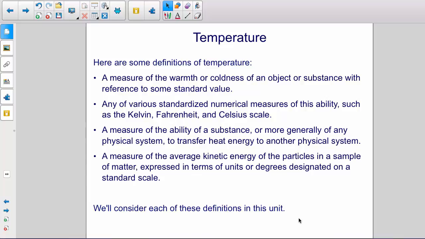A measure of the ability of a substance, or more generally of any physical system, to transfer heat energy to another physical system. And finally, a measure of the average kinetic energy of the particles in a sample of matter, expressed in terms of units or degrees designated on a standard scale. We'll consider each of these as we proceed through this unit.